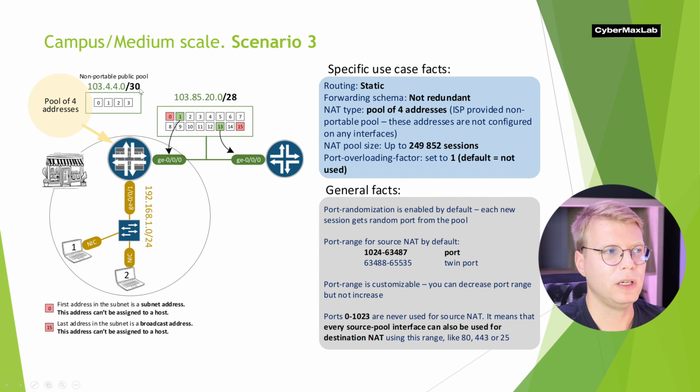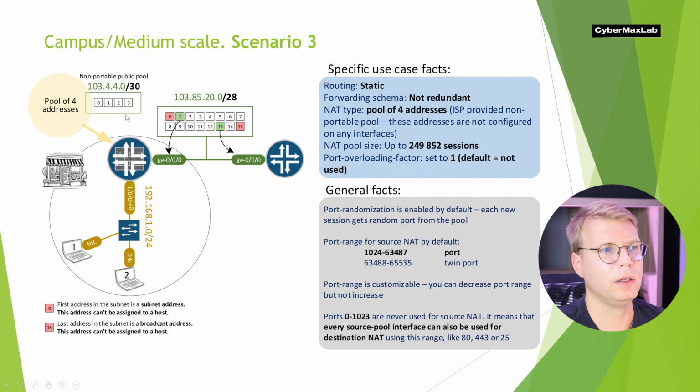If we don't set this subnet on any links in our network, we don't set it on the interfaces, we don't set it on the loopback, it is just hanging in the air, as I say. In this case, the IP address number 1 and the IP address at the end are still usable. So it means we can use all 4 addresses for our pool. We don't lose any addresses. We can use it at 100% efficiency.